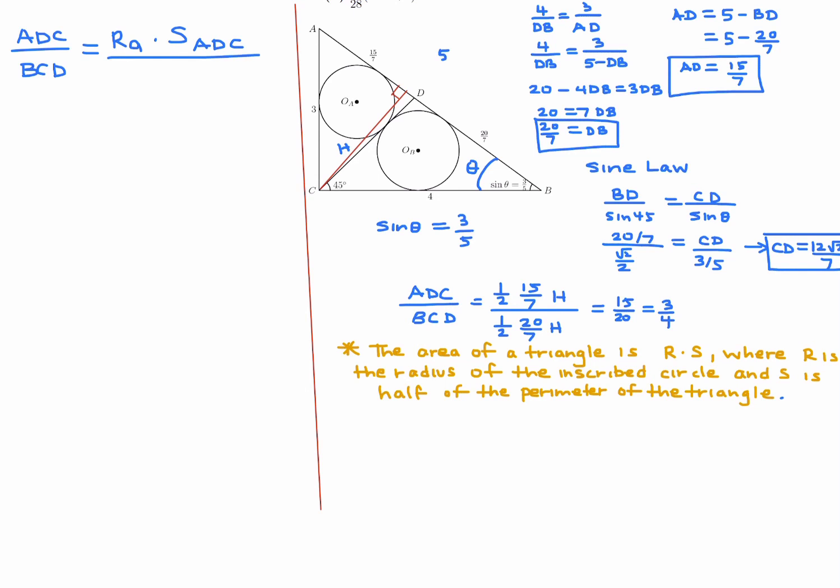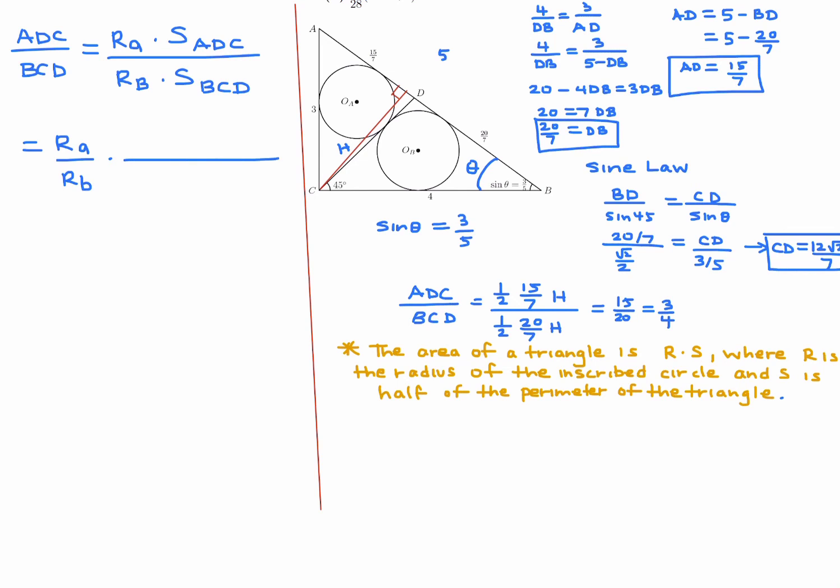And then that's all over BCD, and using the same formula, it would be the radius of B, which is the radius of that circle right there, times half the perimeter of the triangle BCD. So this is going to give me my RA over my RB, and then I've got to use the perimeters.